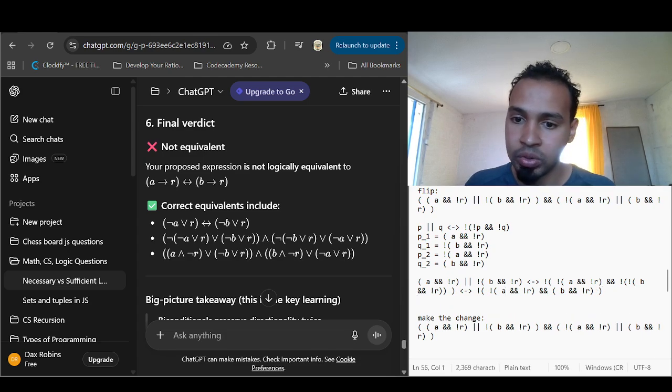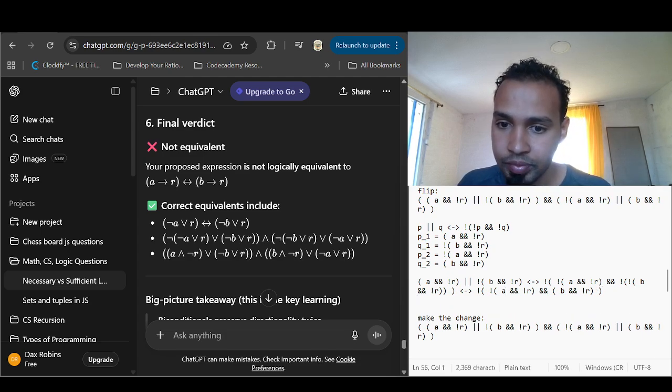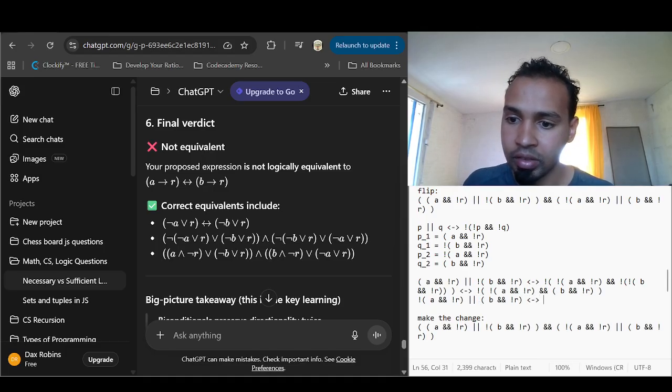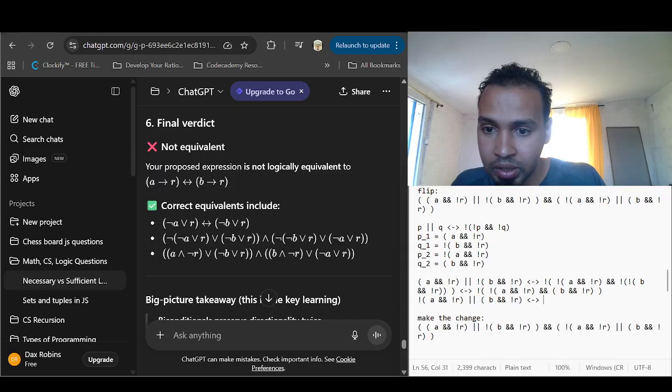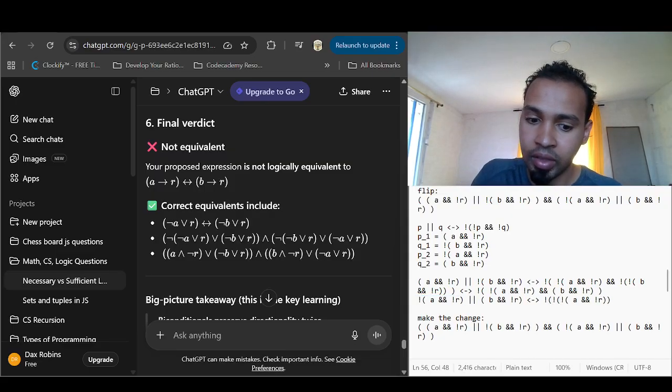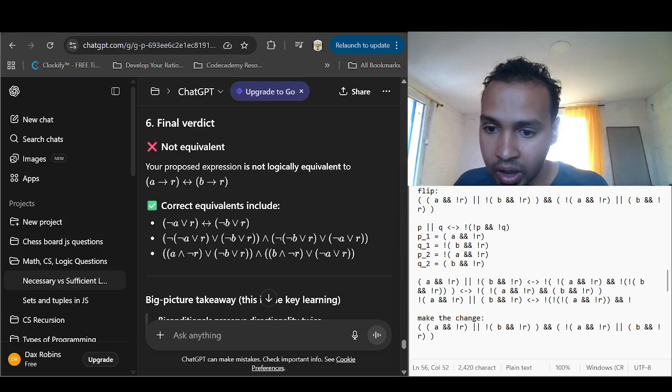And then now we will do the same thing again, except this time with P2 and Q2. And set up the equivalent of that. It's going to be not parentheses not this value here, and then it's going to be not this value here.